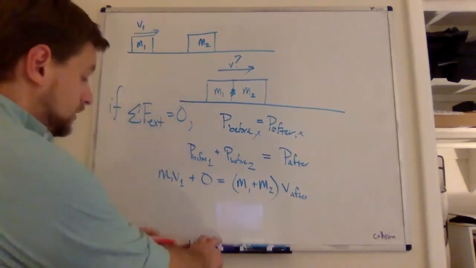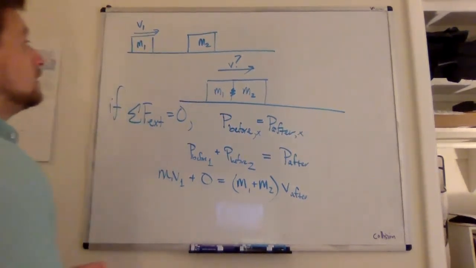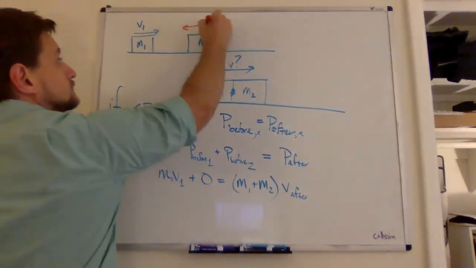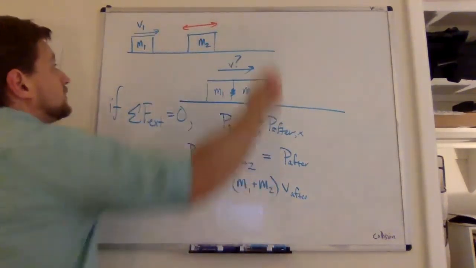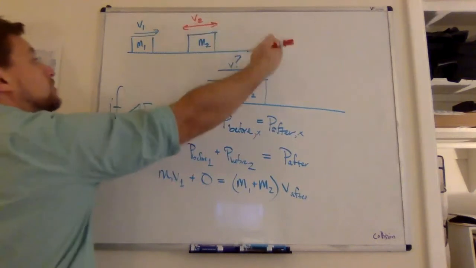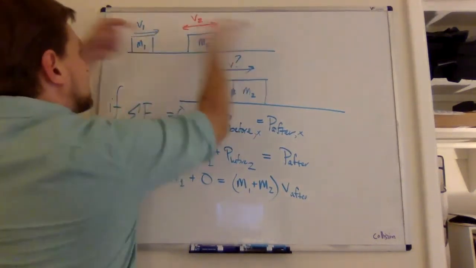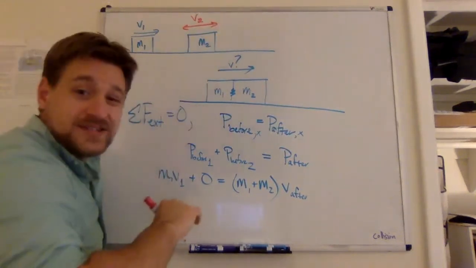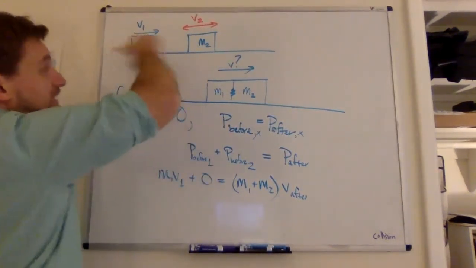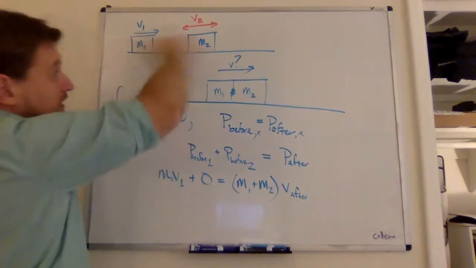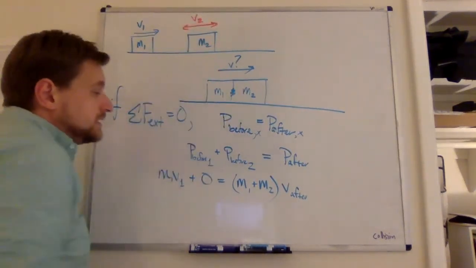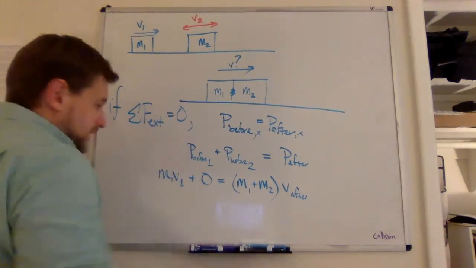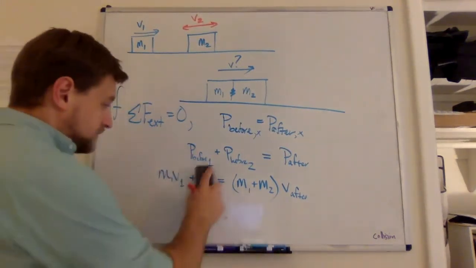Honestly, we don't even really need m2 to be at rest. It could have its own velocity. It could be traveling towards v1 and they collide that way. Maybe it's traveling away from v1, but not quite as fast. Maybe m1 is catching up and then they collide and couple together. Okay, so it's not 0.